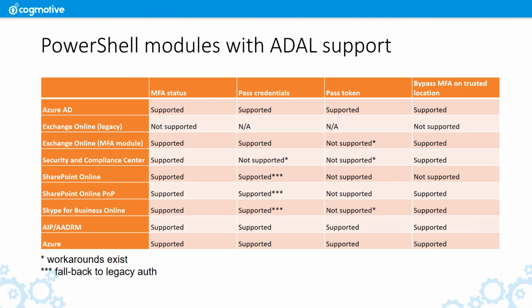My favorite way of making this work is to rely on this trusted IPs, trusted location feature, which you can configure for Azure MFA, basically meaning that every authentication attempt that comes from this particular network or IP or subnet will actually bypass the need of performing the second factor authentication, effectively allowing you to enter just the username and password to connect.